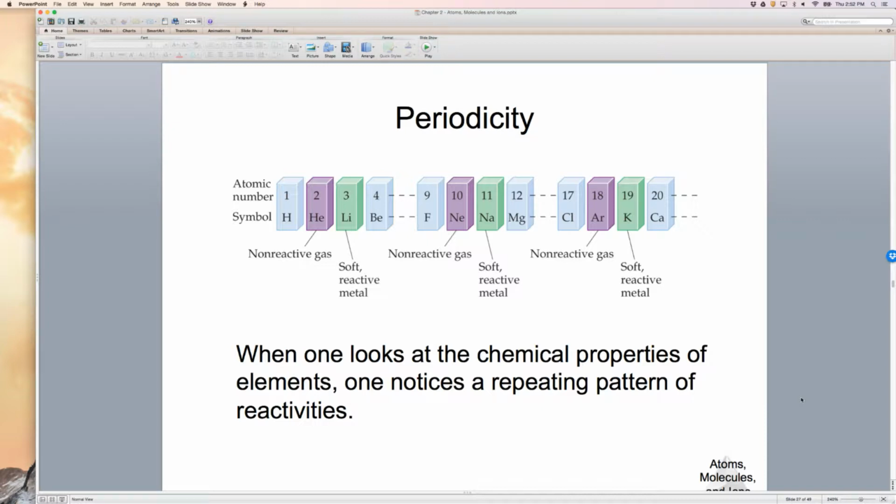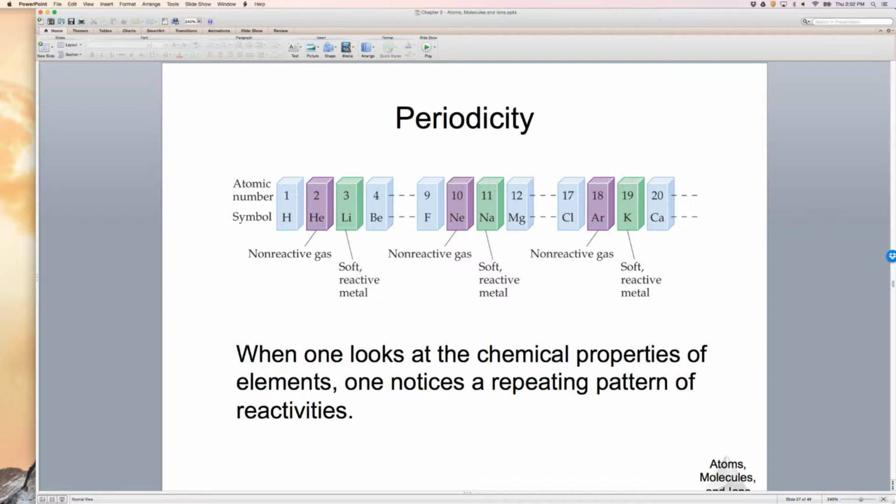And that leads us to the concept of periodicity. We have a repeating periodic type cycle as we move across the periodic table, because as we move across, we'll eventually come back to that same group in the next period, in the following period, and then within that same group, we see similar characteristics. So as you can see here on this slide, helium, a very non-reactive gas, is a noble gas.